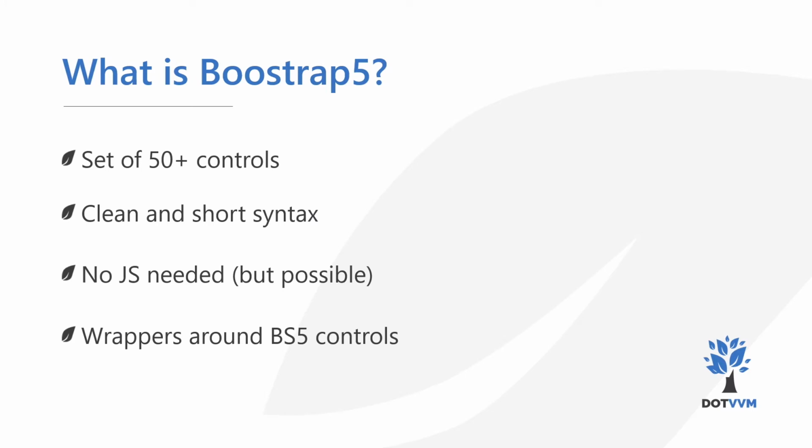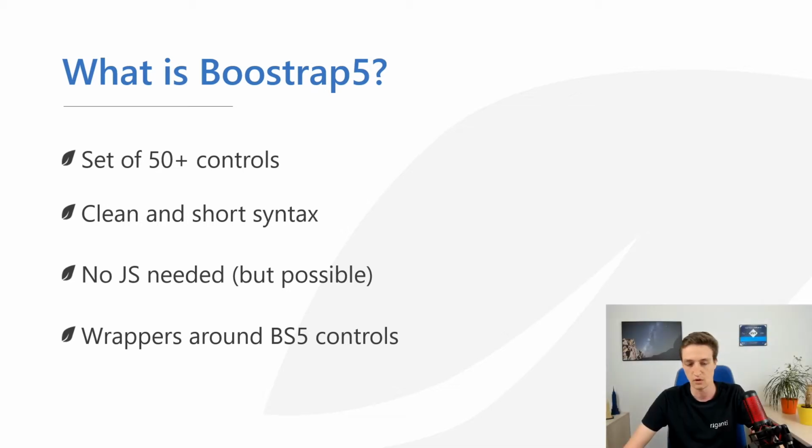Basically, right now, when you go to the .vvm documentation, you will already see that besides the basic set of native .vvm controls, we also have a set of business controls, which are a special set of controls, and then we have a set of controls for Bootstrap 3 and 4.